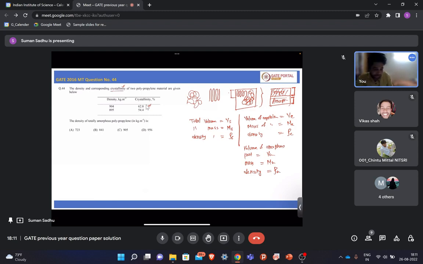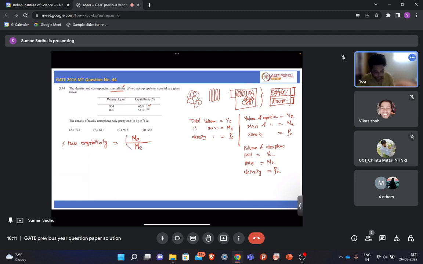Now, what is the percentage of crystallinity? The percentage of crystallinity, also called mass crystallinity, is given by the mass of the crystalline part divided by the total mass of the sample.